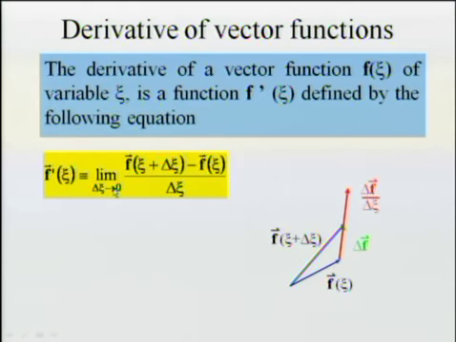When we calculate limit of it, then we are going to get the derivative of a vector valued function of a single variable, I mean number valued variable. So derivative of a vector function of one variable is a vector or a number?